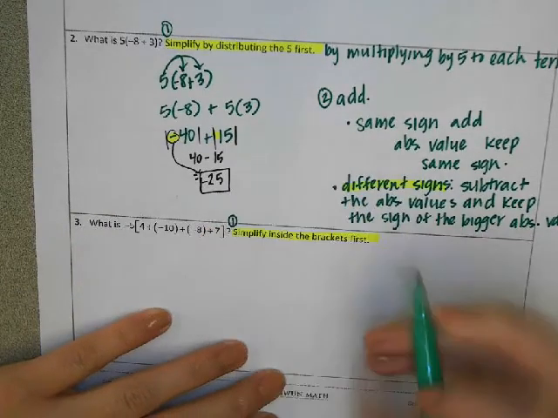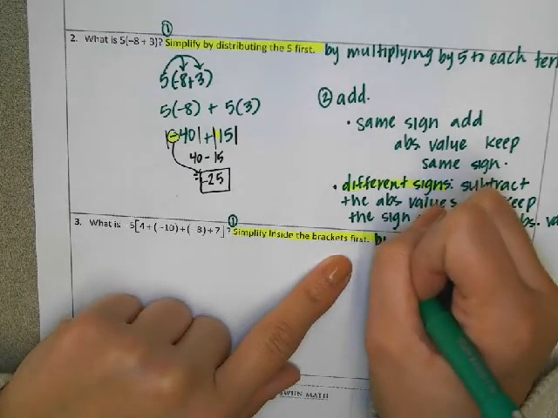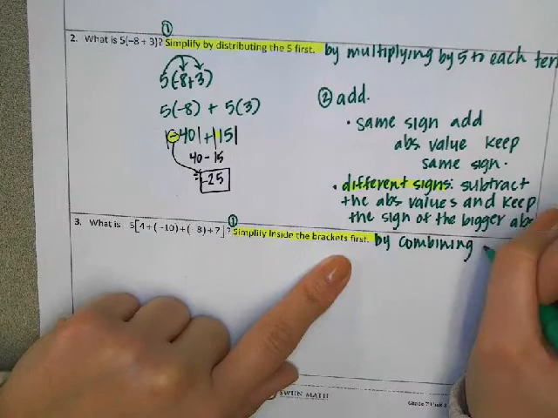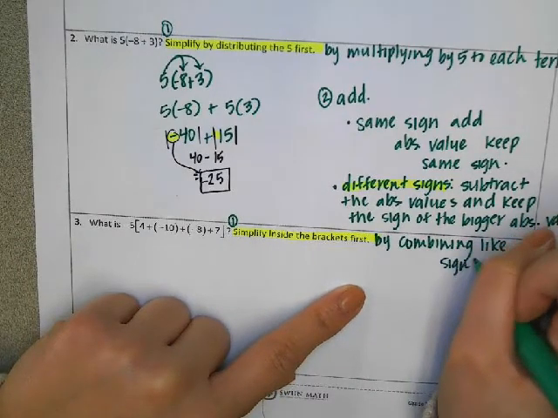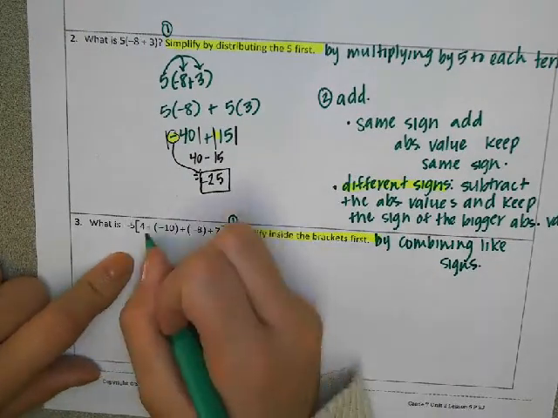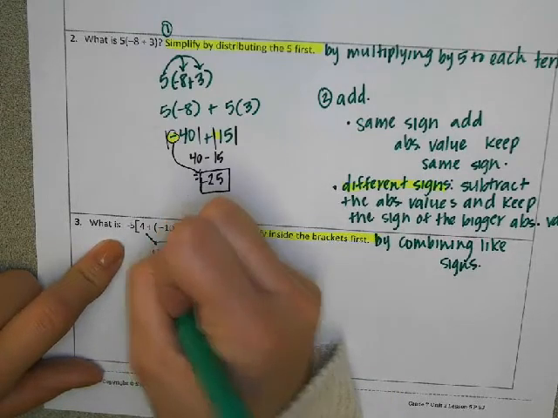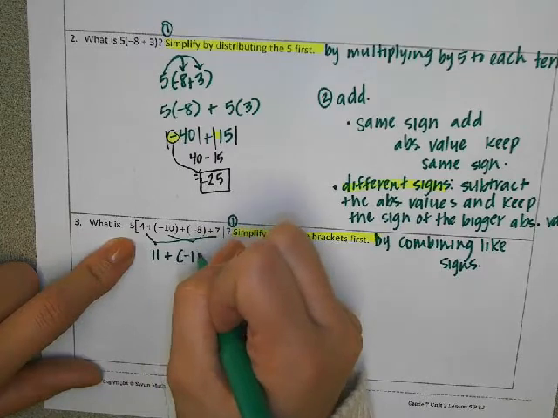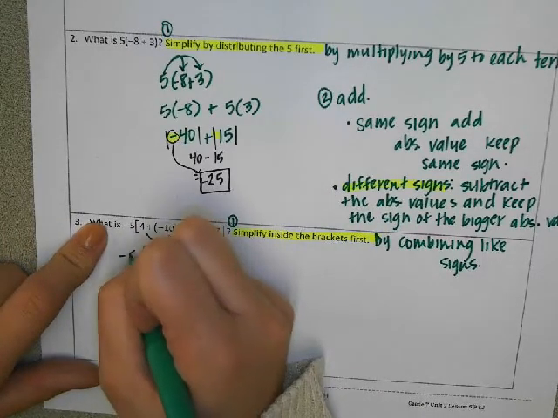So I have step 1, simplify inside the brackets first by combining like signs. So I'm going to combine my like signs here. So I'm going to put all my positives together. So 4 and 7 equals 11. Plus how many negatives do I have? Negative 18. So we can put those in brackets, bring down my negative 5.